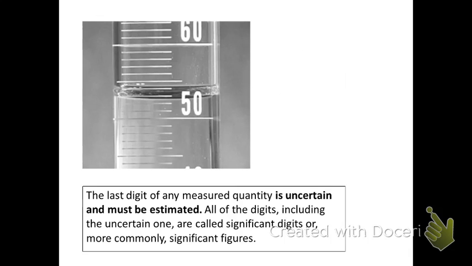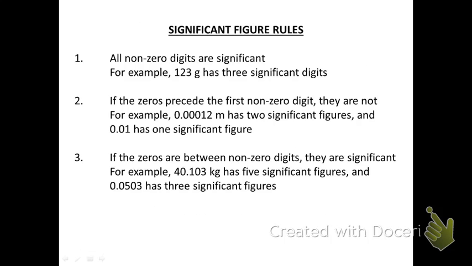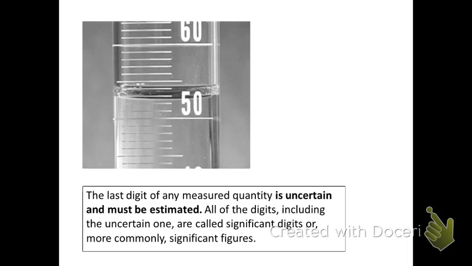Alright, so we know we have the 50 milliliter mark right here, and the 60 milliliter mark is here. So it looks like we're going to go up by ones here. So we have, this is going to be 51, 52, and it looks like 53 is here, so the liquid level is just below 53.